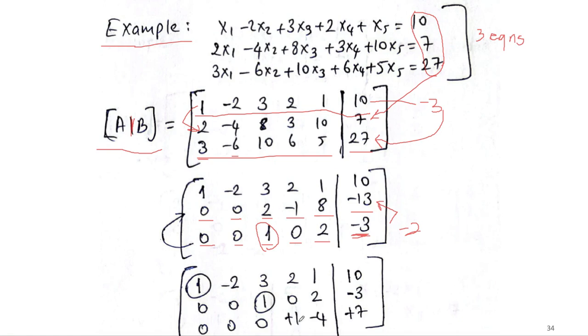So this becomes 0, and then we have minus 2 plus 1 as minus 1, and then actually there's a change of sign here. Okay, we just change the sign. Actually we can also write this as minus 1, and this one plus 4, and then this one minus 7.